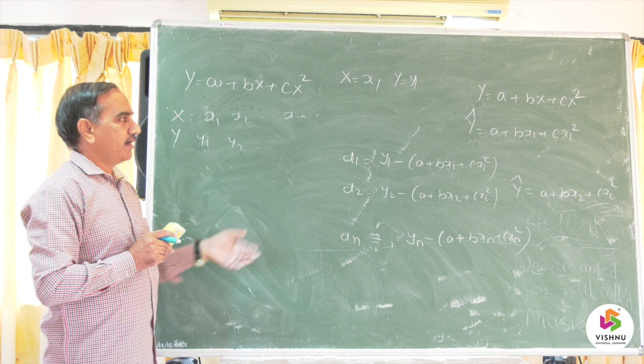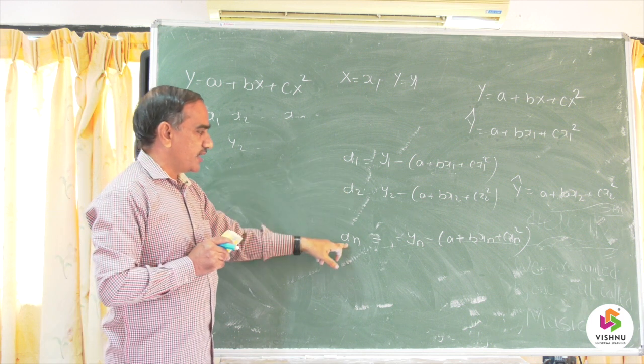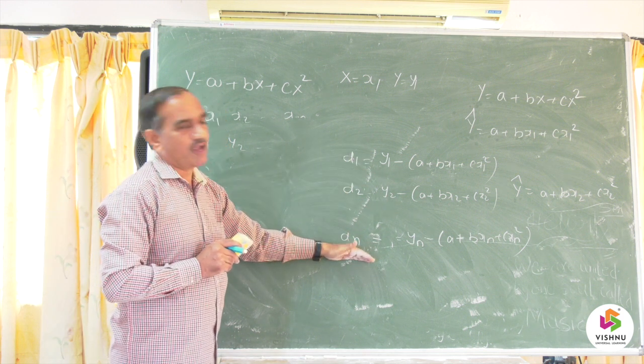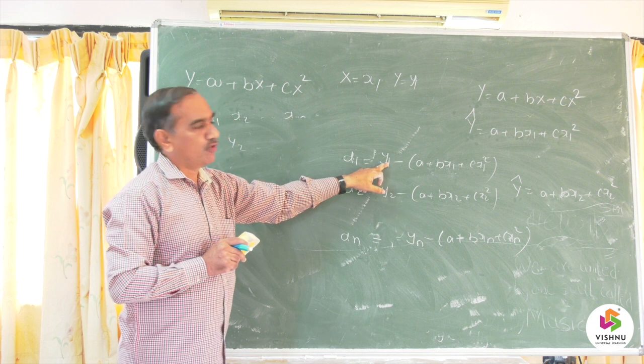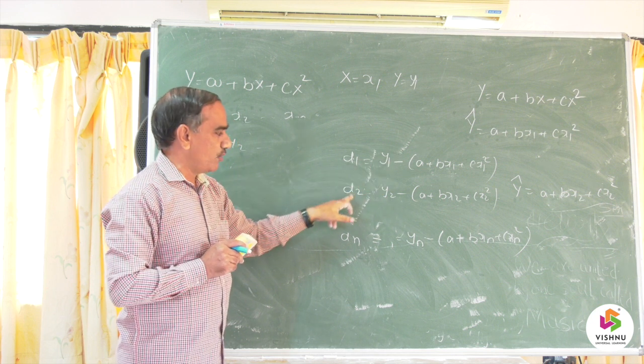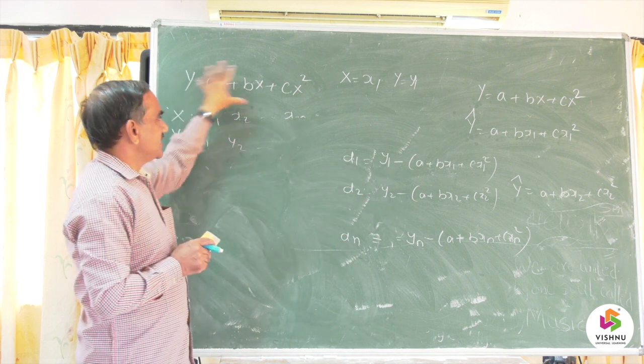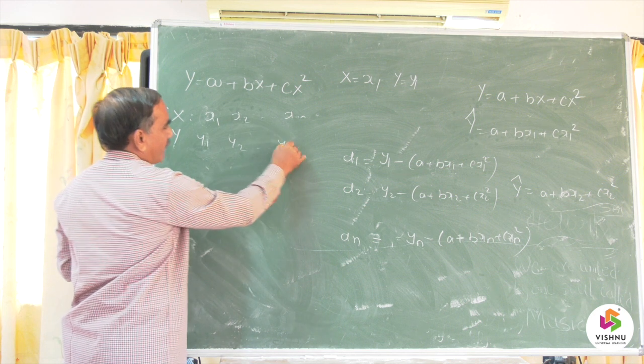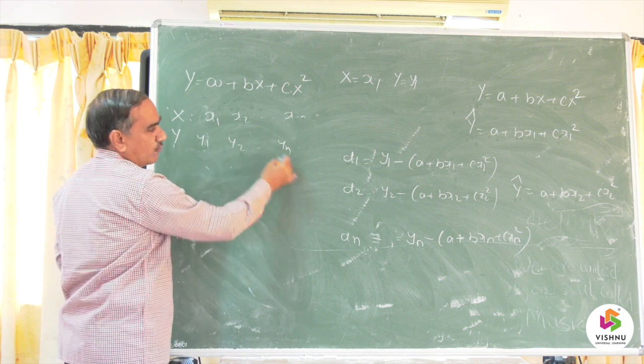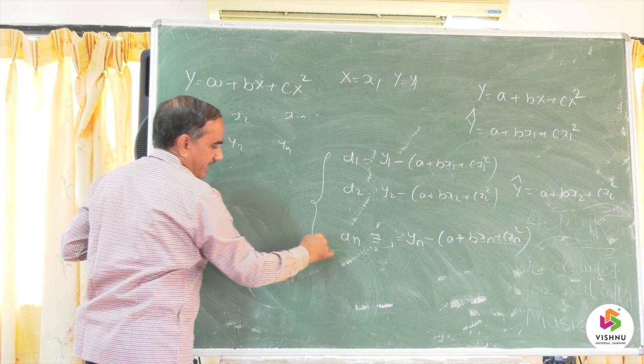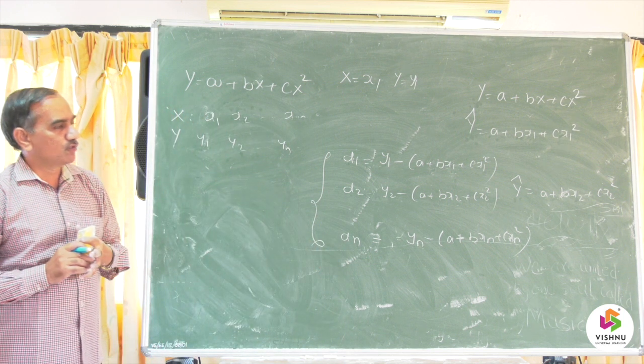But by bad luck, we have to allow some variation in each pair of the y values. In the first value, we have to allow some variation with d1, d2 and so on dn. So in this total data, y1, y2 and so on yn, we have these types of errors, d1, d2 and so on dn.